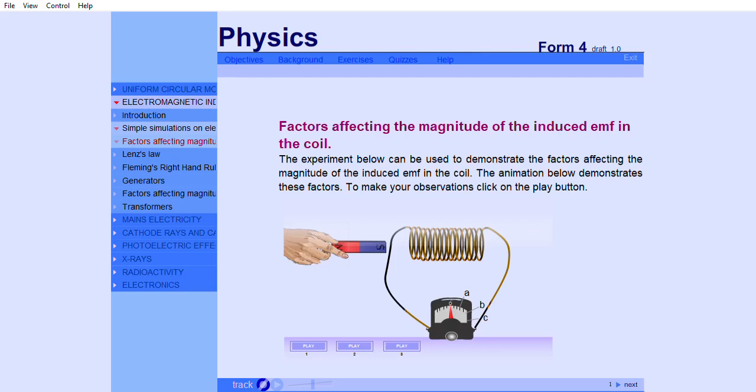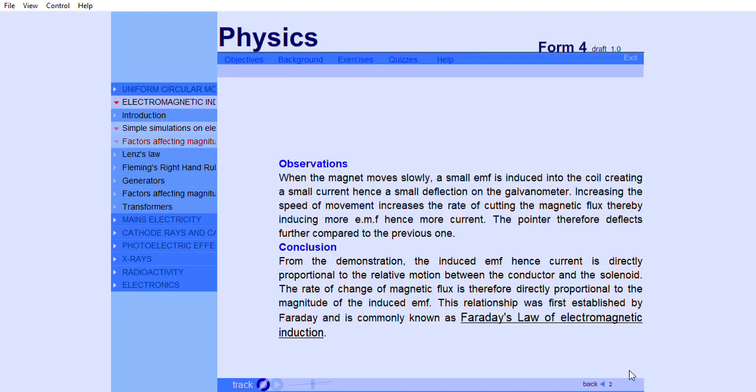The experiment below can be used to demonstrate the factors affecting the magnitude of the induced EMF. The animation below demonstrates these factors. To make your observations, click on the play button. Observations.